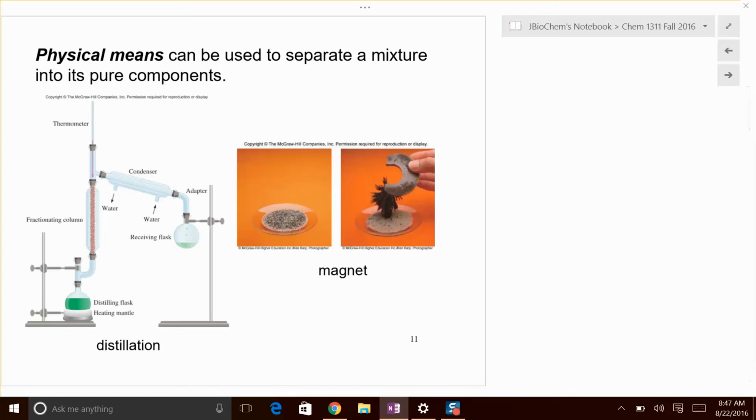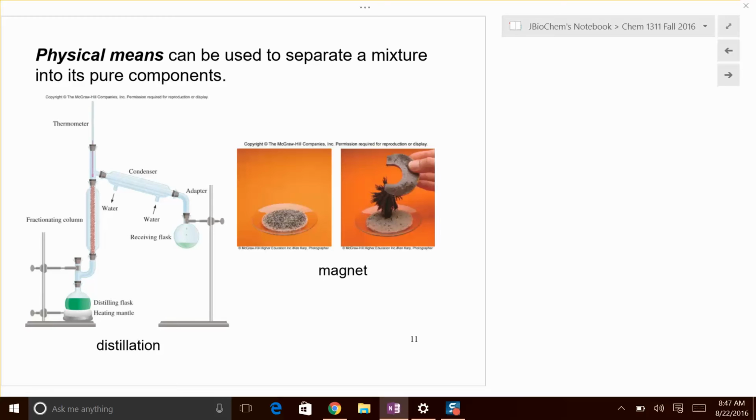So now mixtures, a mixture means that they have not combined chemically. We've only taken those two substances and mixed them together. That means if we use physical means, we can separate them because they're not chemically bound. If something is chemically bound, you can only separate it through a chemical reaction.